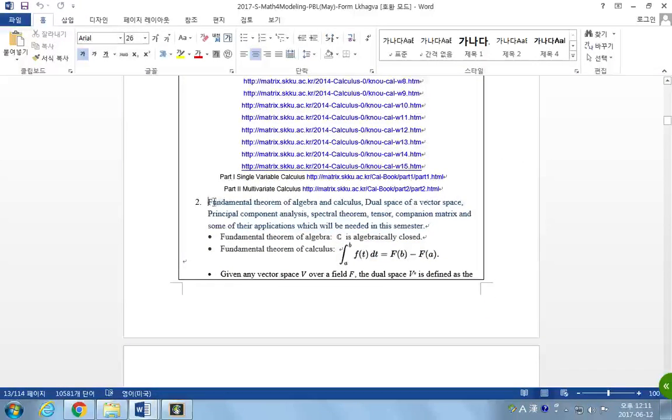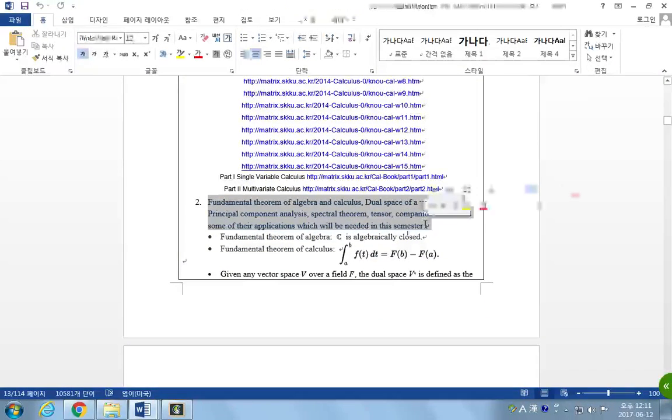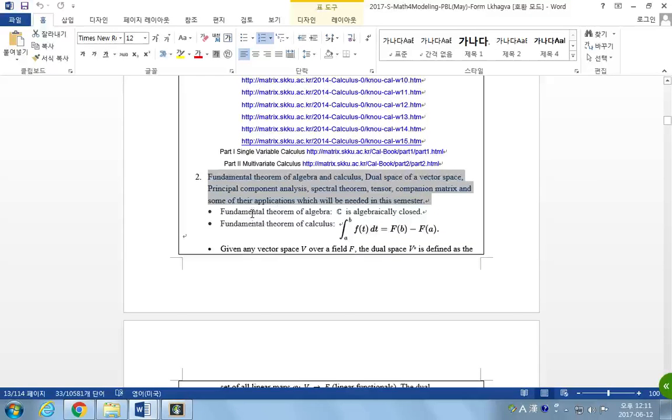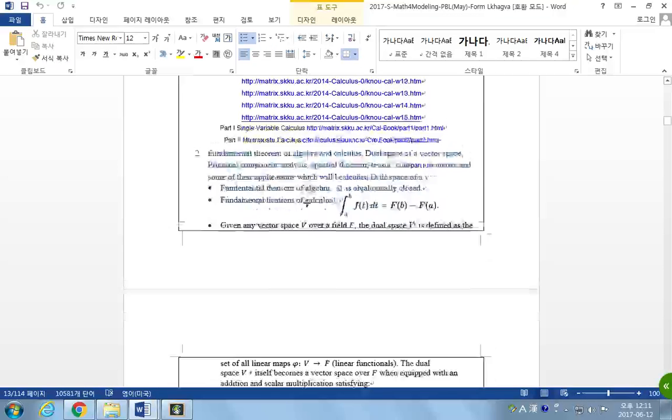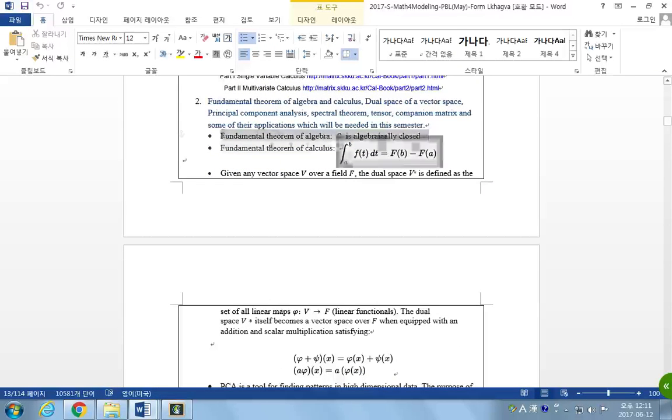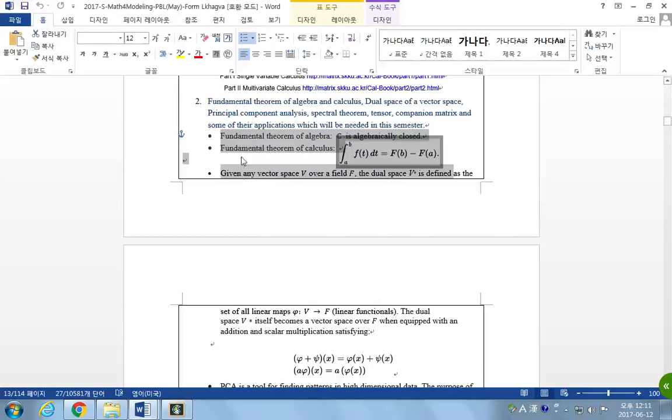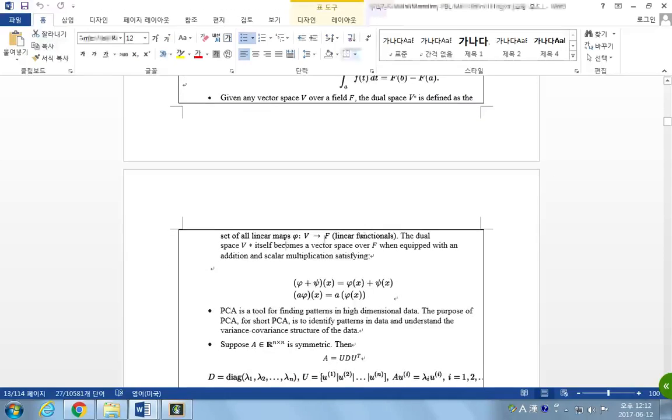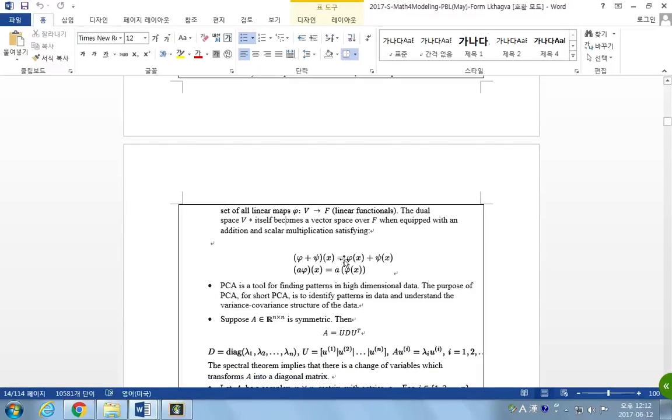Second week, we learned the fundamental theorem of algebra and calculus, dual space of a vector space. And here I summarized some concepts and definitions and some properties.